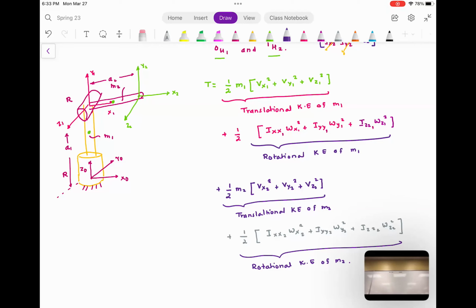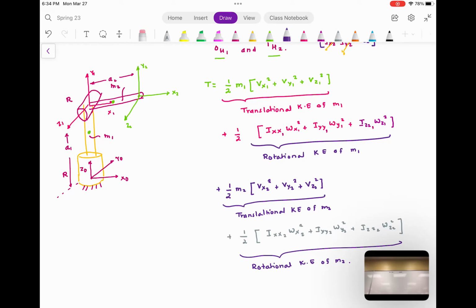This means when we find 0h1 and 1h2, and find the product of 0h1 and 1h2, which is 0h2, everything will be in the inertial coordinate frame, which is z0, x0, and y0. Everyone understood this? Now the question that comes to mind is, when we are trying to find the inertia matrices, what coordinate system should I choose?